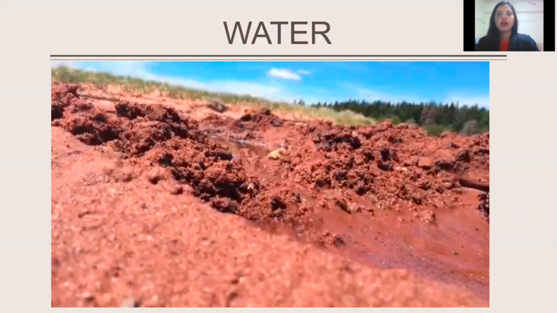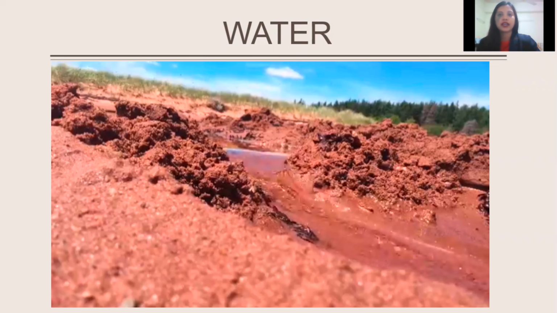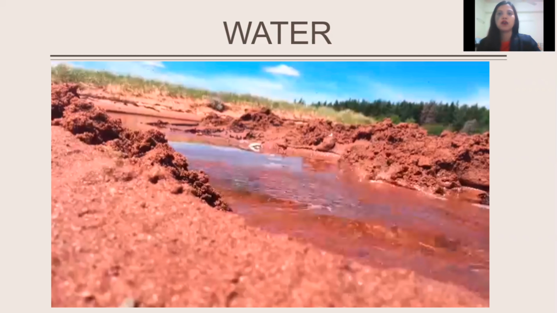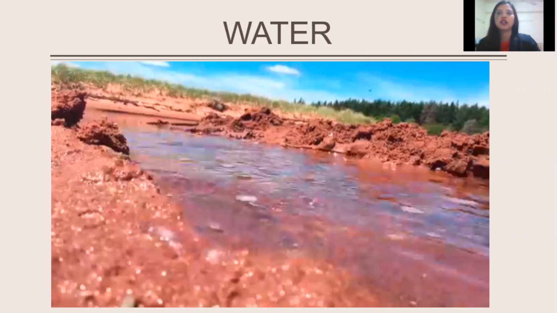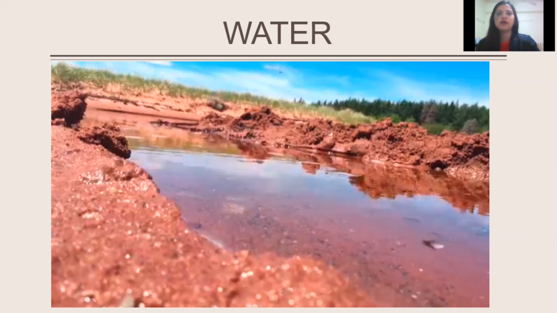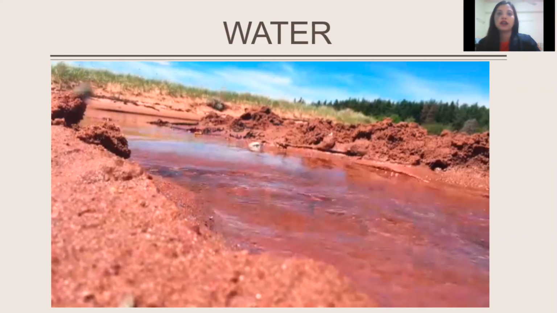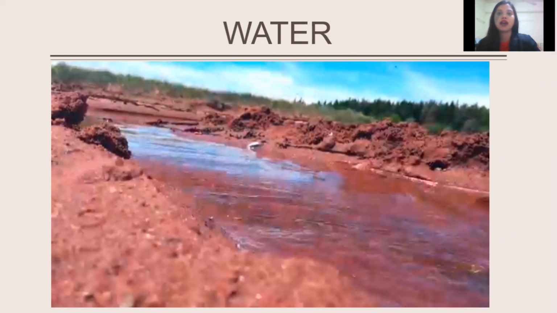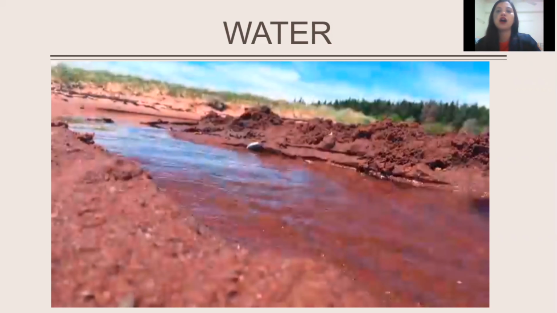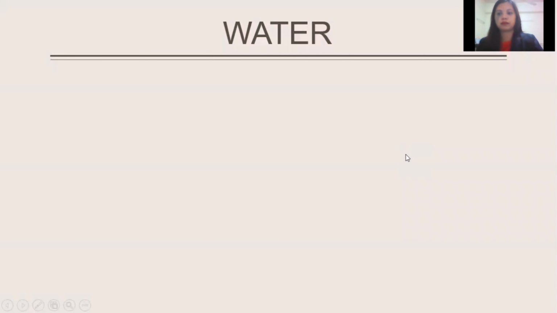Great! We all know that water is a non-living thing, which is important to all living things such as humans. Living things cannot survive without water. Rivers, lakes, rain, and groundwater provide water for all living things.